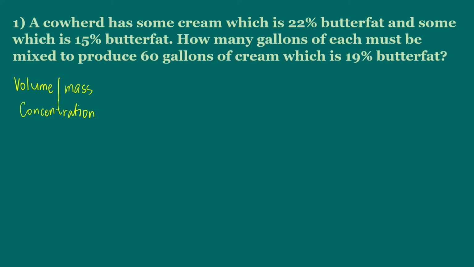Alright, so in this number 1, we have a cowherd that has some cream which is 22% butter fat and some which is 15% butter fat. The cowherd is the one who takes care of the cattle, and normally they are the ones who do the milking.